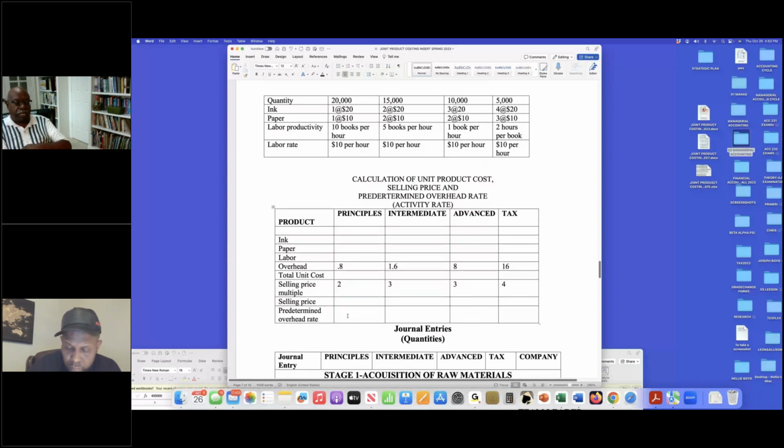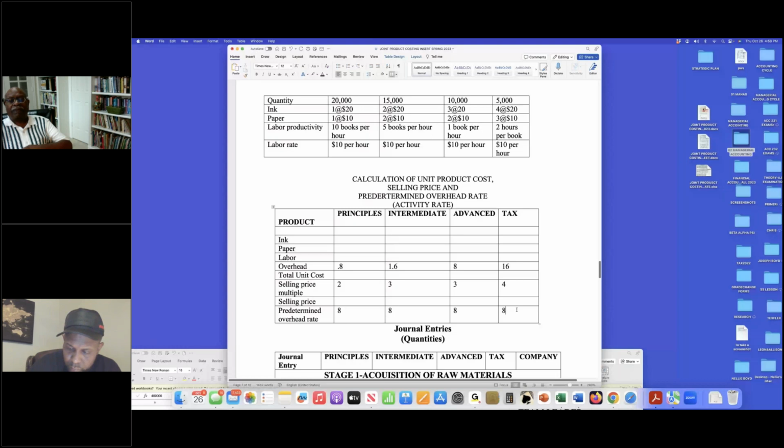See how easy your POR calculation is now? So now all you got to do is come up with total unit cost. I got the selling price multiples in there and selling price. Can we do that, Laura?